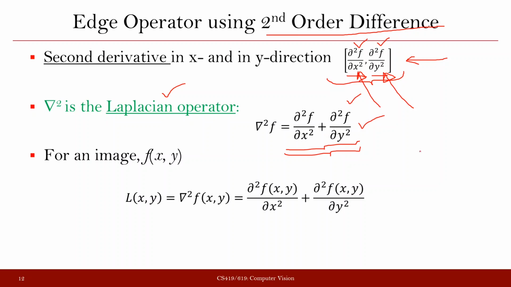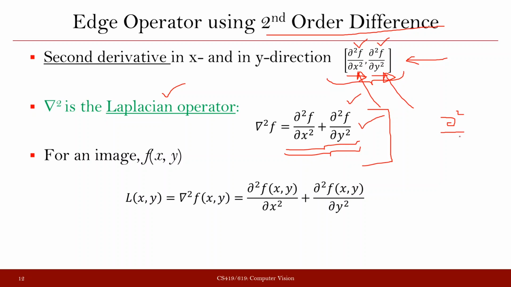Because what is a Laplacian operator? A Laplacian operator is a combination of the second order partial derivatives in the x and y direction for any given 2D function. So that is why we say that this edge detection operator is a Laplacian operator, because the formula you get here is similar to the Laplacian operator. I will again write the Laplacian operator.